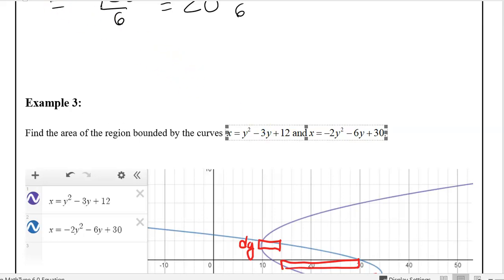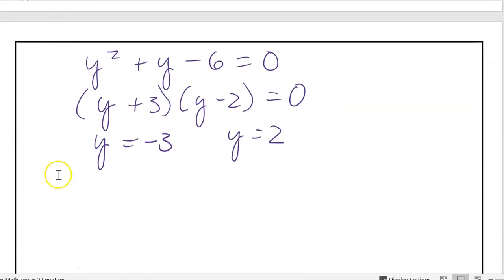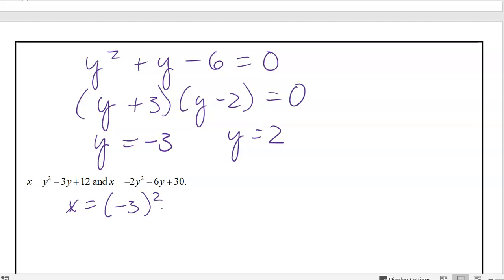Let's copy and paste this below so that we can plug it into either one of them. If I put this down below, let's use the one on the left since it is slightly simpler than the one on the right. Plugging this into the one on the left, then, I have x equals (-3) squared minus 3 times -3 plus 12.